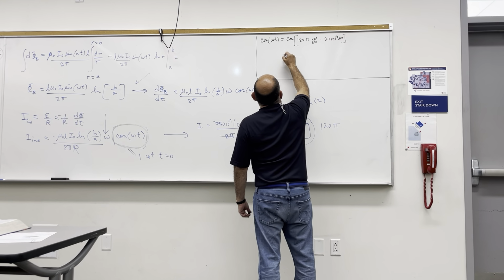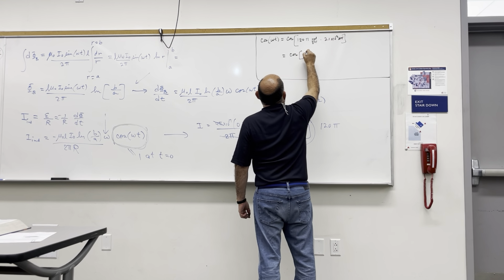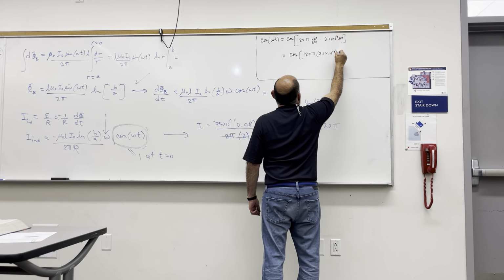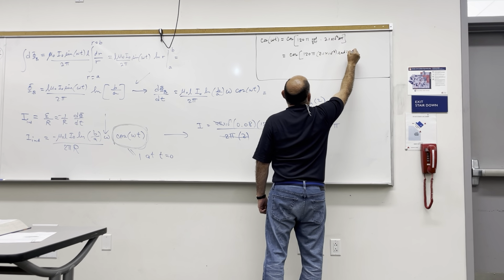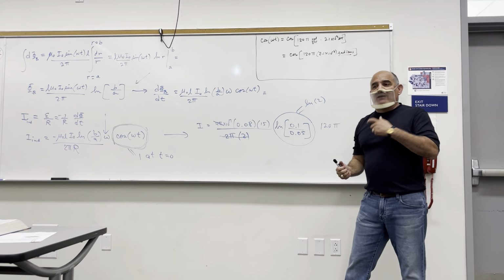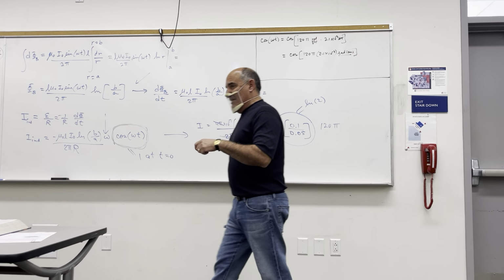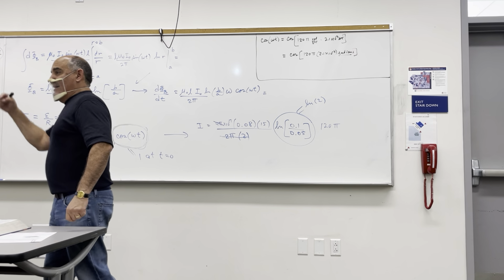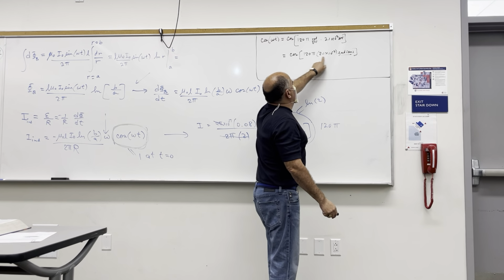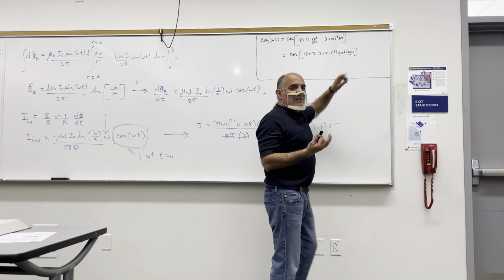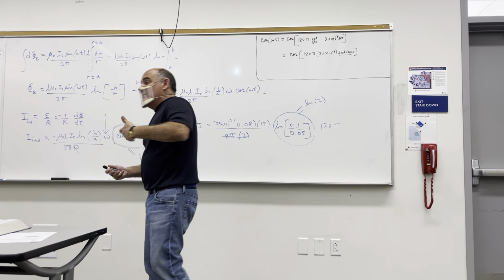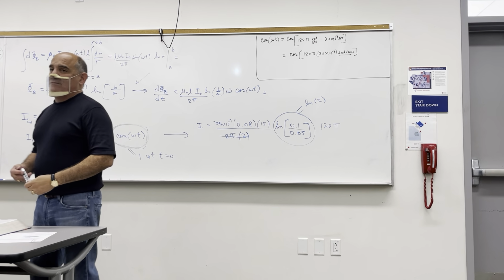So what you need to be careful here is that this is 120 pi times 2.1 times 10 to the minus 3, and this is in radians. So you're taking the cosine of an angle in radians. So either you set your calculator to radian mode and take the cosine of that, or you calculate this and you're gonna get so many radians, and then you convert that to degrees, and then with your calculator set to degree mode, you take the cosine of that.